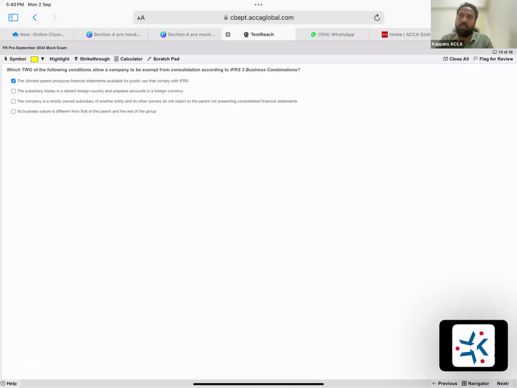That is not the reason for exemption. The company is a wholly owned subsidiary of another entity, and its other owners do not object to parent not presenting consolidated financial statement. Yes, if the shareholders don't object to not preparing consolidated financial statement, then that company is exempt. Its business nature is different from that of parent and rest of group. That is not the reason for exemption. So option A and C is the answer.